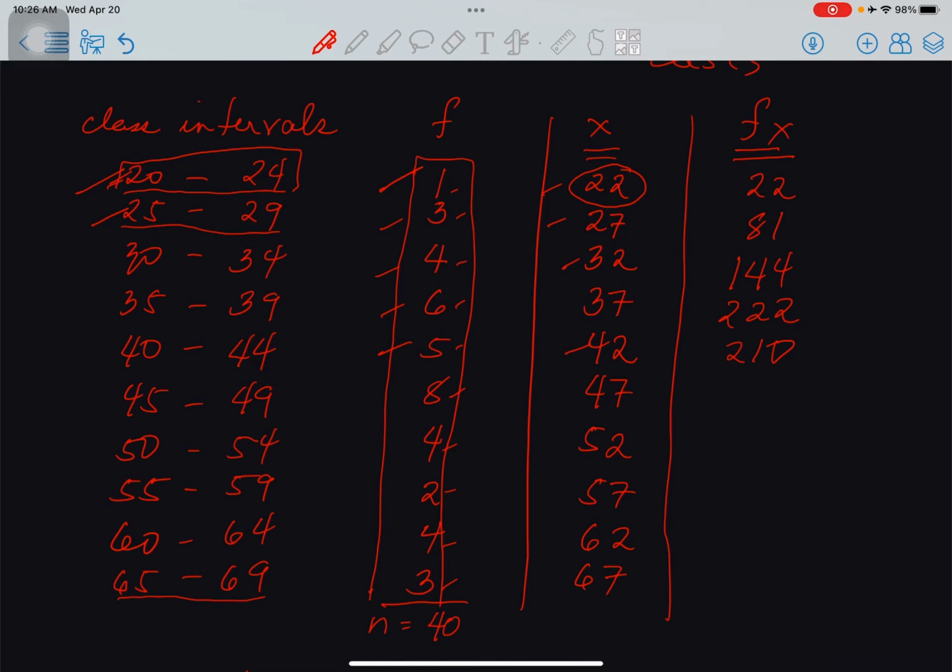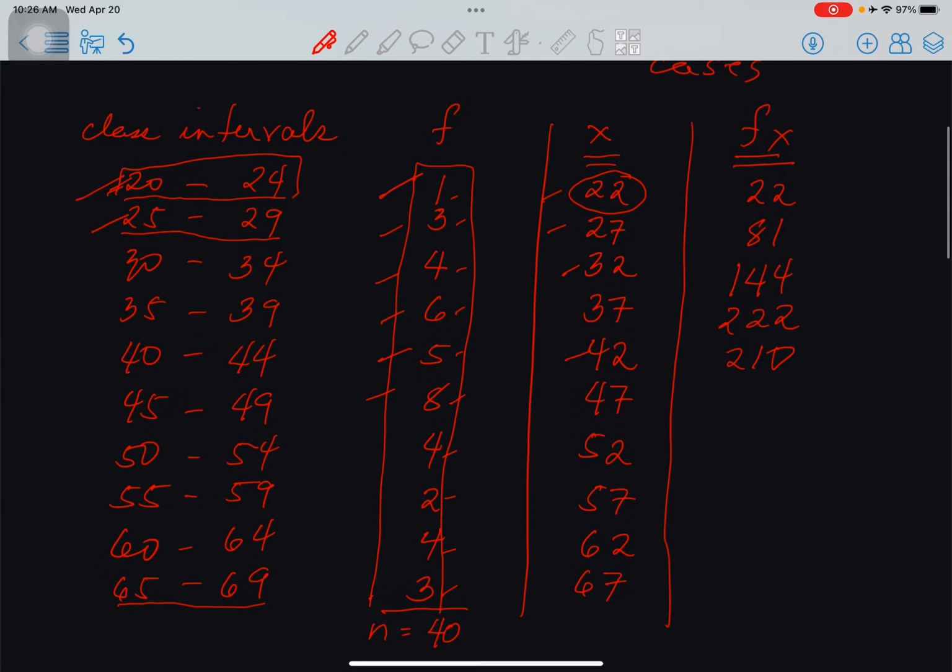Then 8 times 47, it is equal to 376. Then 4 times 52, so we have 208.